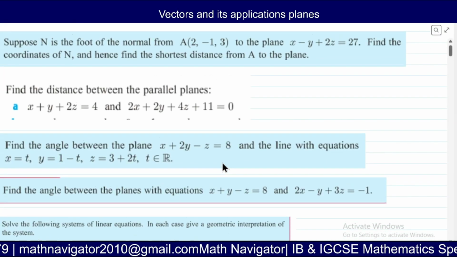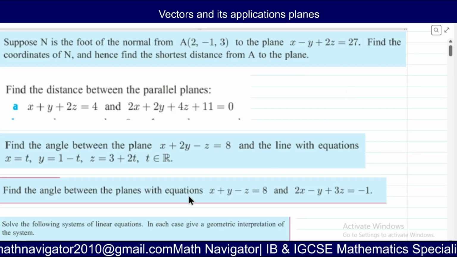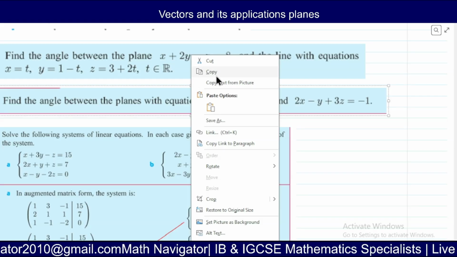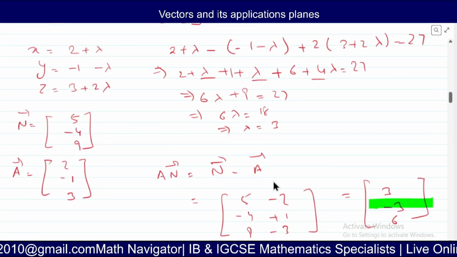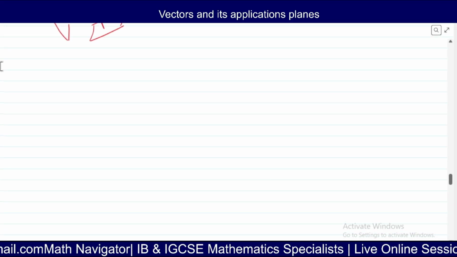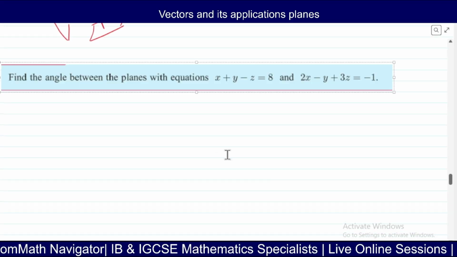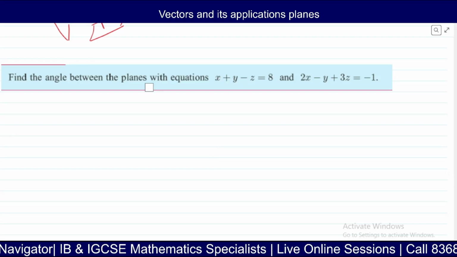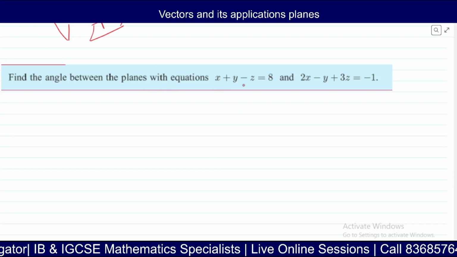Let's do it. So these are the two vectors, right? I want to find the angle between these two planes.